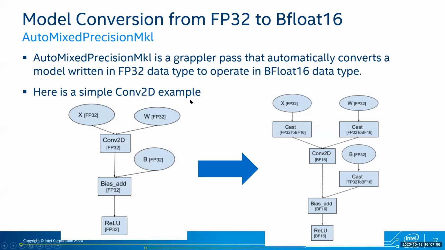I just want to mention this feature, and once we publish it, you will get this speed up automatically. But because right now we may not have published Intel TensorFlow 2.3, I probably won't go through the demo.